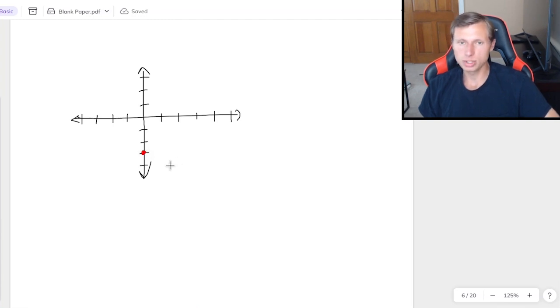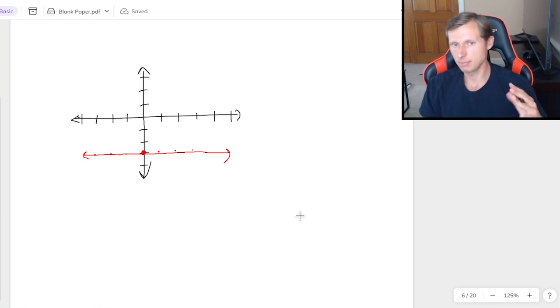And then we're saying it's a horizontal line, meaning that it's just going to go straight across in both directions, and it should look like this. And there we go. There's my answer. I don't have to do anything else other than that. Horizontal lines will always look like this. And they'll be in the form y equals and then some number.